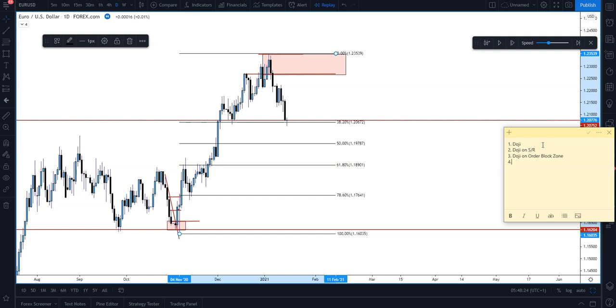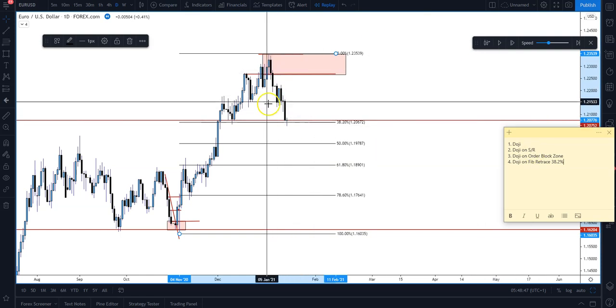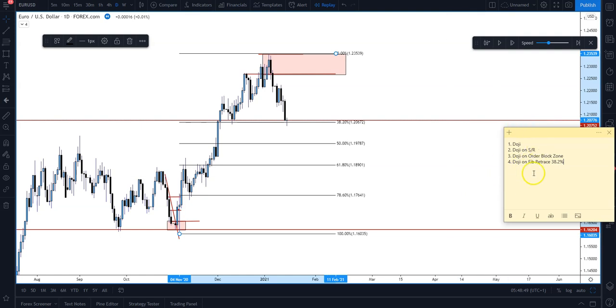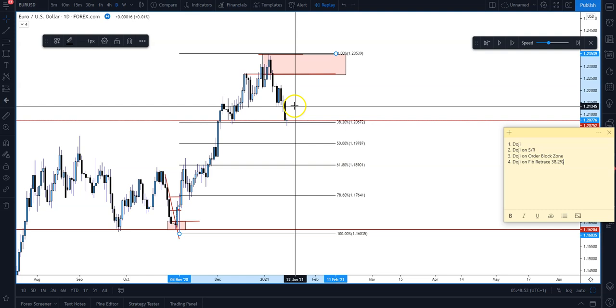And confluence number 4 is doji on fib retrace 38.2%. Oh man, my eyes are burning. But we have all of these confluences. This is enough confluence for us to have confidence that this is gonna go up.